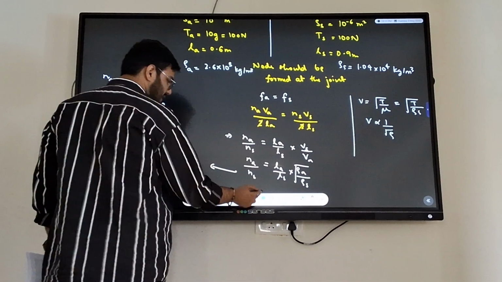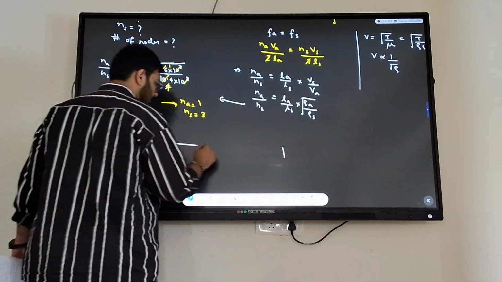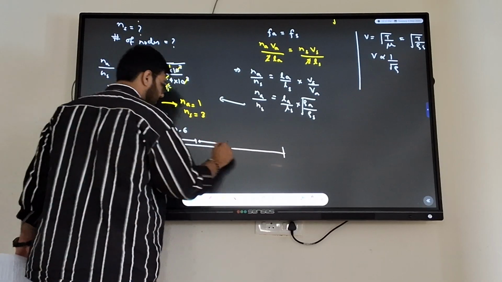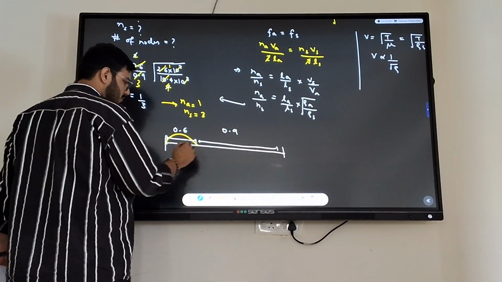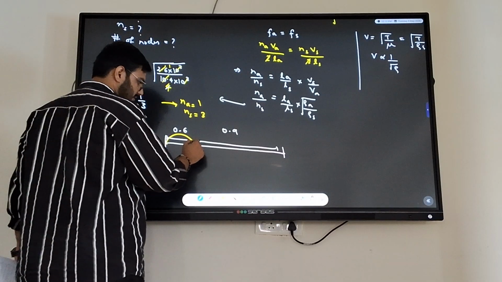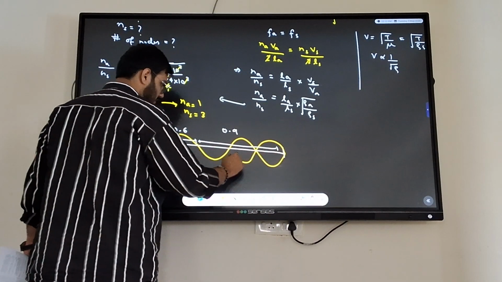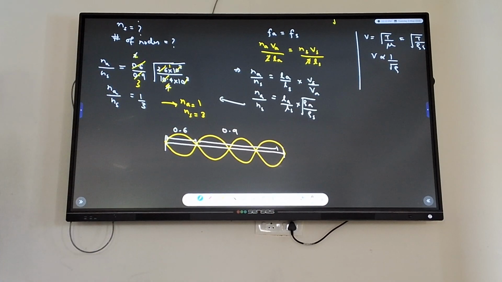That means how should the diagram look like? If this is my whole thing and this is 0.6, this is 0.9, then how should the diagram look like? There should be a node here and then 3 here. 1, 2, 3. Yes? In total 4 nodes.